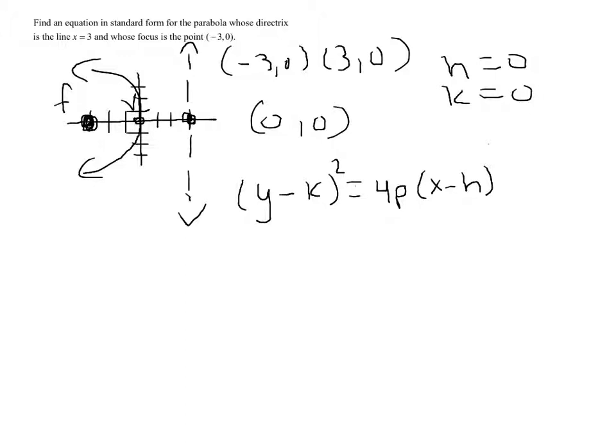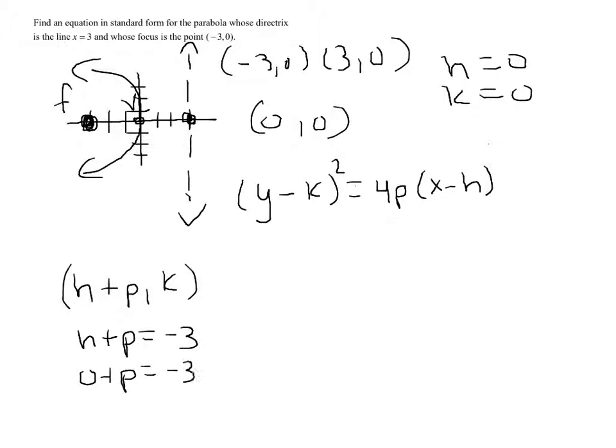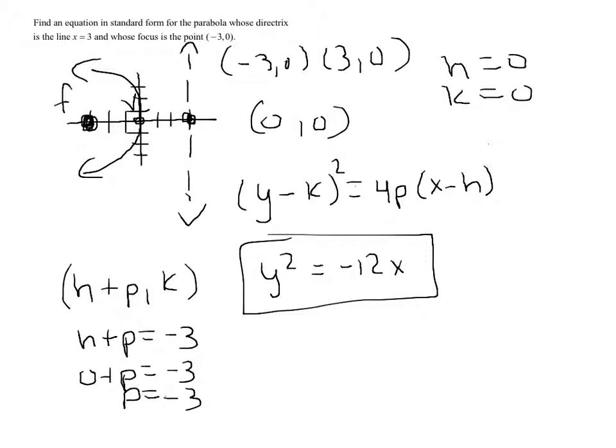Now 4p, well, we also know the focus is (h plus p, k). Well, h plus p equaled -3, and we know h is 0. So we know p is -3. If you plug that in, we get y squared equals -12x. There's our equation.